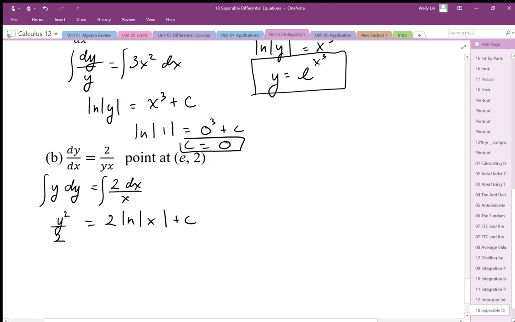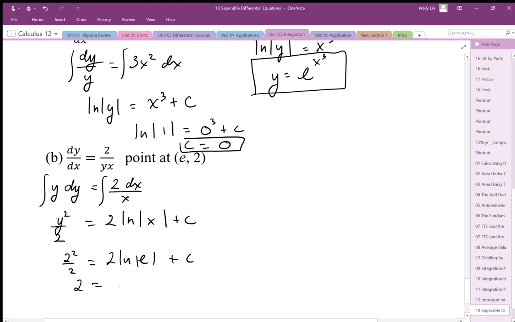So I can solve for y, but before I solve for y, I'm just going to solve for the plus c. So I'm going to go y is 2, x is e, so 2 squared over 2 equals 2 log e plus c. Here we end up with 2 squared over 2 is 2.